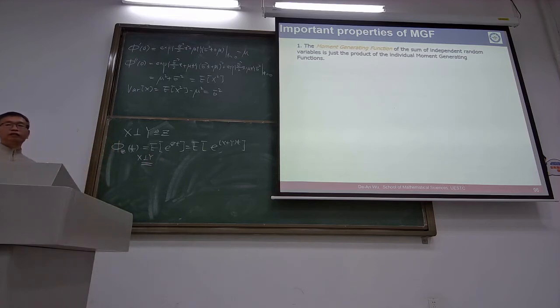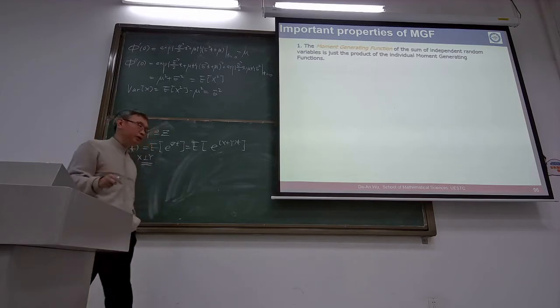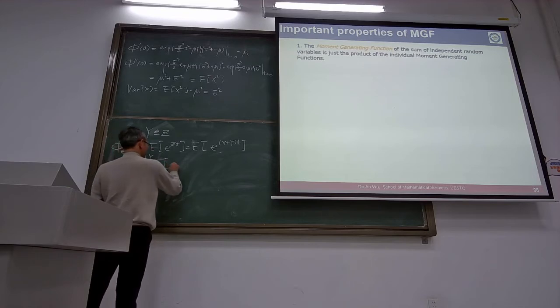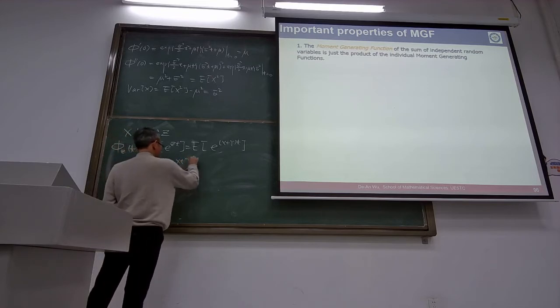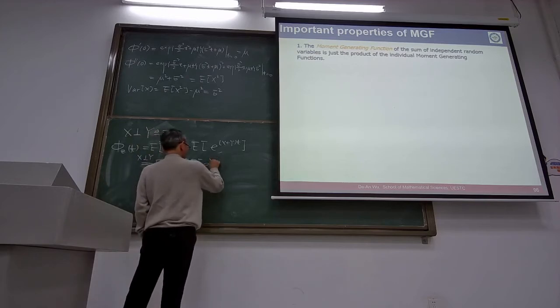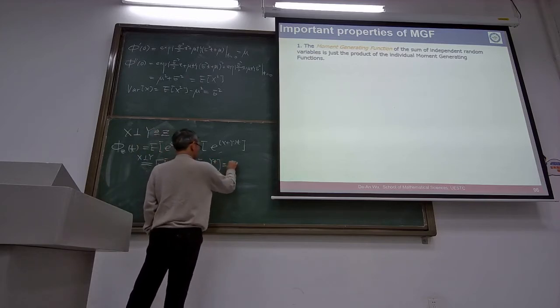In such case, we use the property of expectation for independent random variables, the expectation of the product equals the product of expectations.